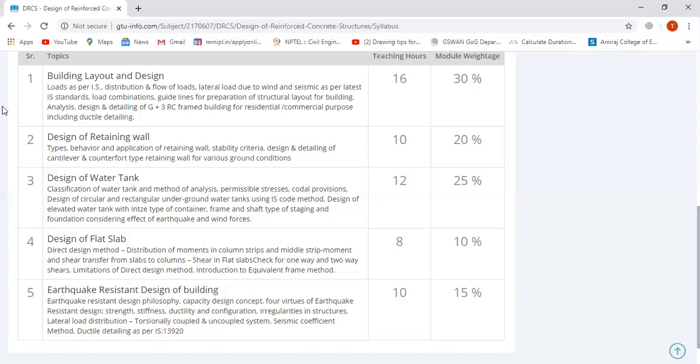Whenever we design an Intze tank, we have to consider wind load and earthquake load simultaneously because the height is high and its upper body is comparatively larger than the lower body.